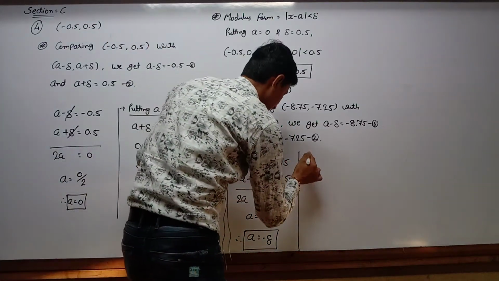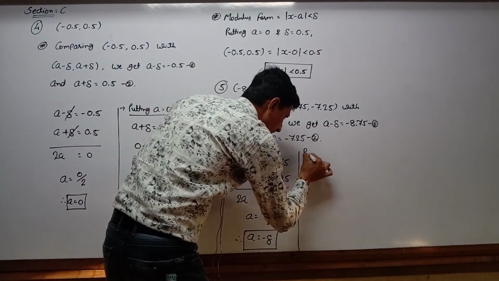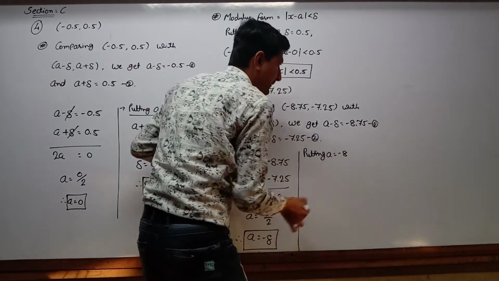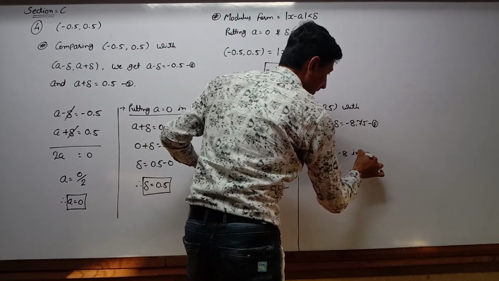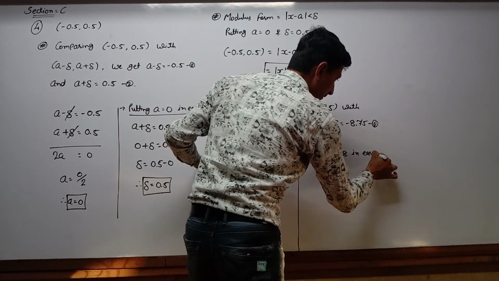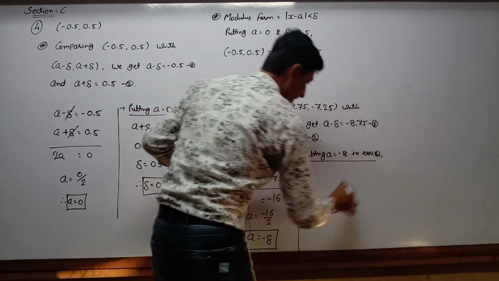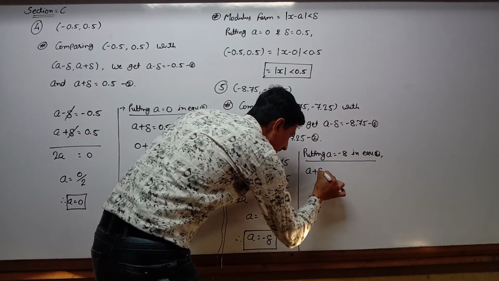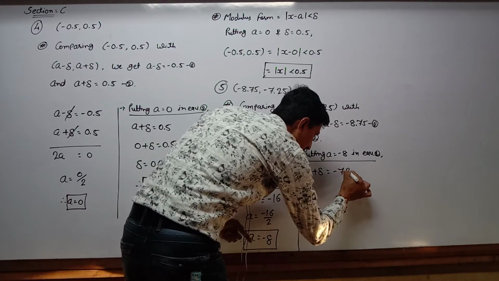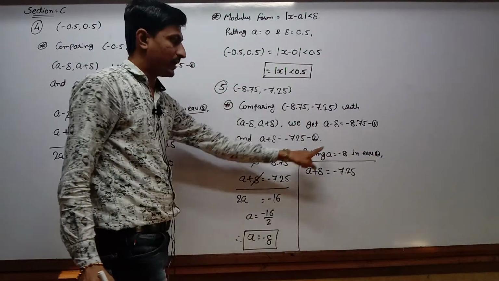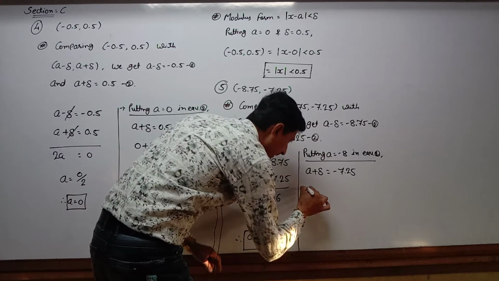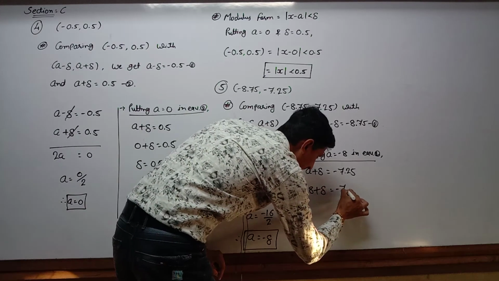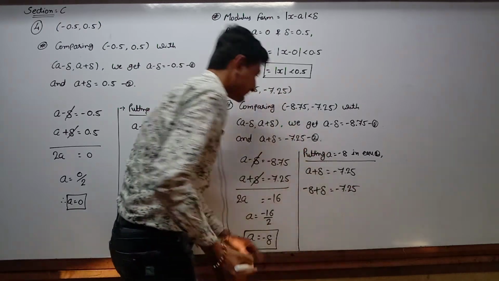Now find the value of delta. So write down, putting a is equal to minus 8 in equation 2. So second equation, write down first of all, a plus delta is equal to minus 7.25, value of a is minus 8, minus 8 plus delta is equal to minus 7.25.